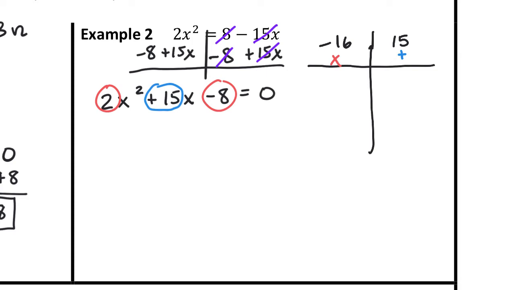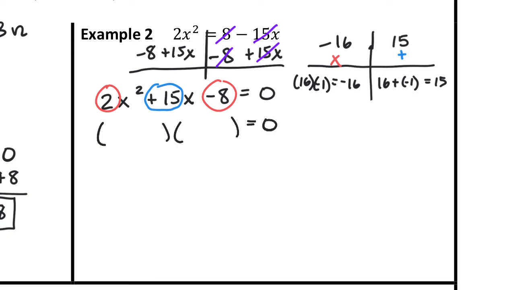So we should think of 16 times negative 1 equals negative 16, and 16 plus negative 1 equals positive 15. And so I can erase this extra part. Okay, so then we have to set up our parentheses equal to 0. The variable is x, and the numbers that worked were positive 16 and negative 1.